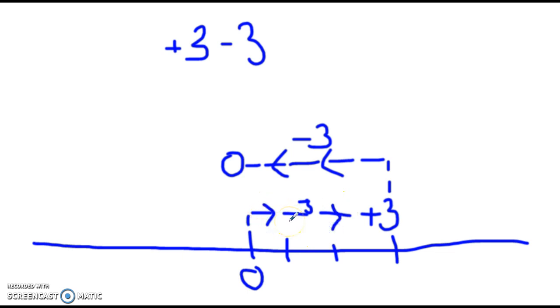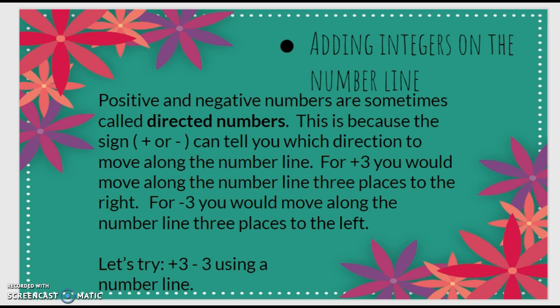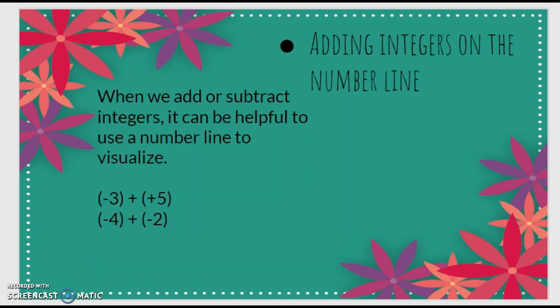Think about that when we get into bigger numbers, when you have 27 minus 53. It's going to take a little bit more thinking. So using this number line and giving ourselves that visual is super helpful. When we are adding or subtracting integers, it's helpful to use a number line.